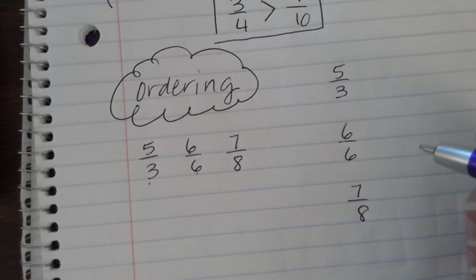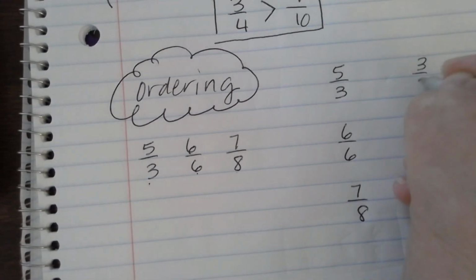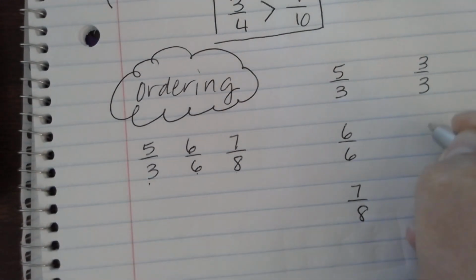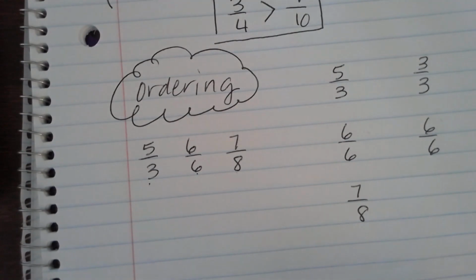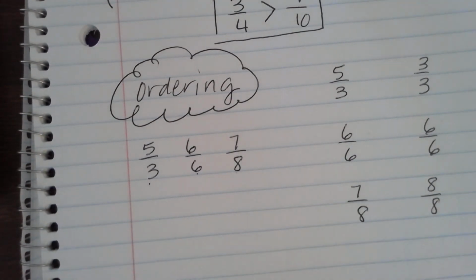A fraction that represents a whole number for anything with the 3 is going to be 3/3. Anything with the 6, it's going to be 6 out of 6, like I already have. Anything with the 8, it's going to be 8 out of 8. So I'm going to think of every single fraction, and I'm going to compare it to a whole number, making 1. Are y'all with me?